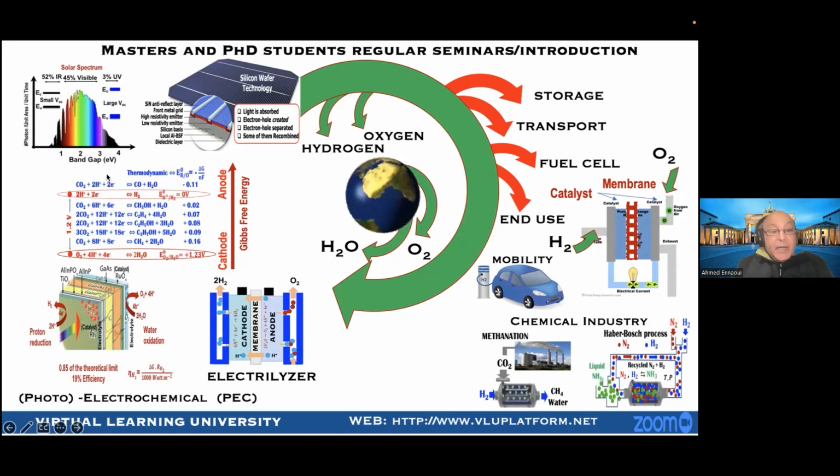By the way, you can also let the CO2 react in an electrochemical reaction with an electrolyzer, and this schematic shows you different reactions which are very close to each other, which makes the problem very complex.